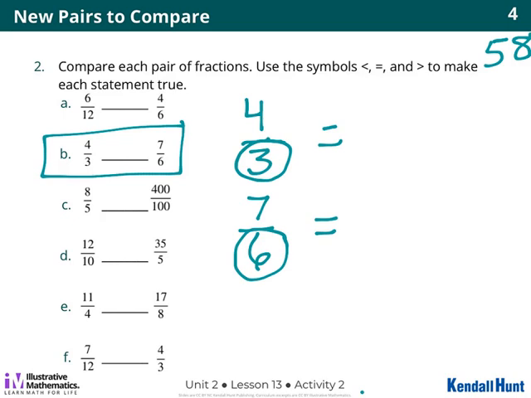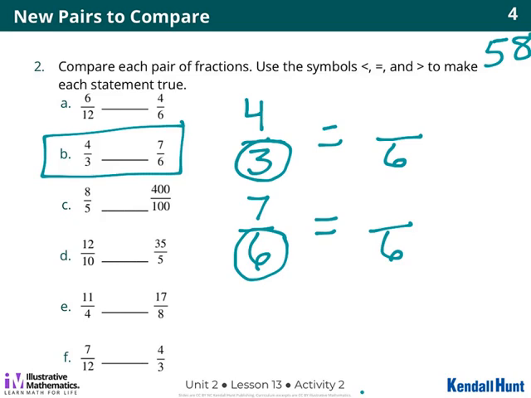We could do 12. 12 would work. There might be an easier, smaller number that would work. Mia? 6. Yeah, hey guys, let's just use 6. Don't you think that would be easier? Okay, so we're going to make our equivalent fractions with a denominator of 6.